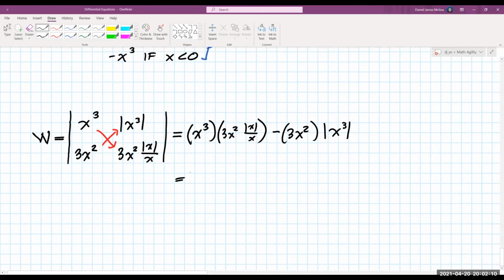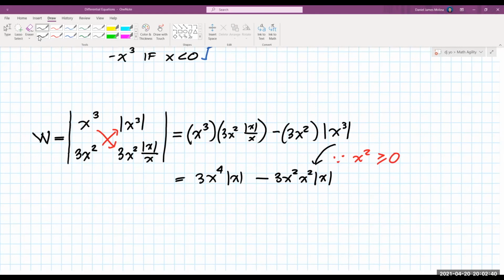We'll try to simplify the first term. This is actually 3x to the fourth, the absolute value of x. And then we have 3x squared times the absolute value of x cubed, which can be written as x squared times the absolute value of x, because x squared is greater than or equal to 0 at any value of x.